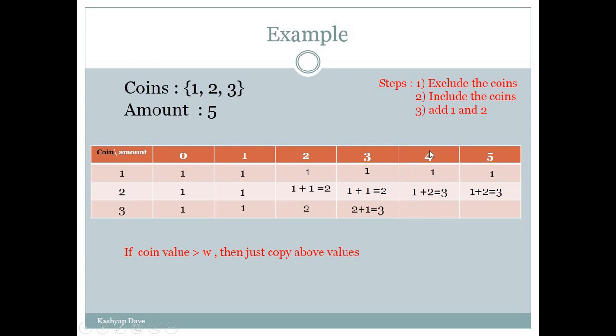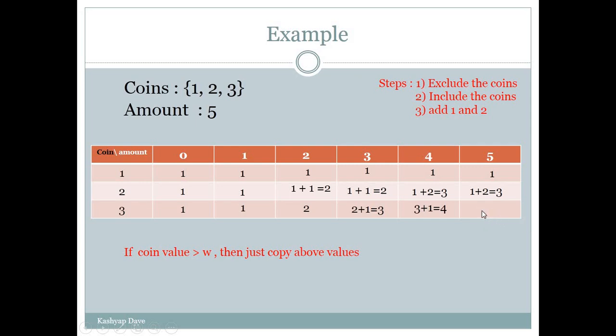For making amount 4, first exclude the coin, so we will have 3, plus 4 minus 3 means 1, so go to row 1, at the 1 we will have 1, so 3 plus 1 is equal to 4.